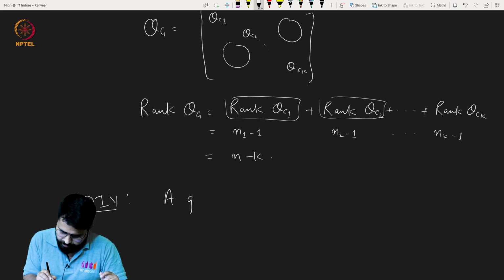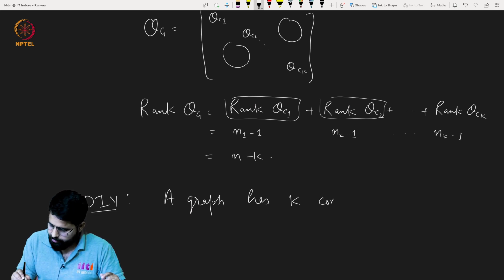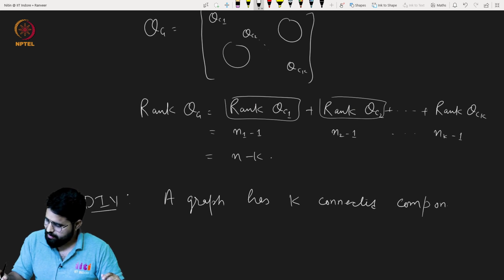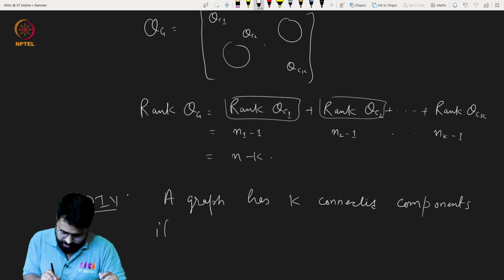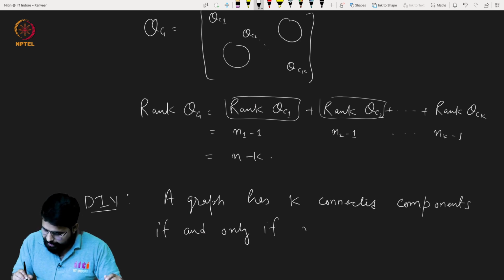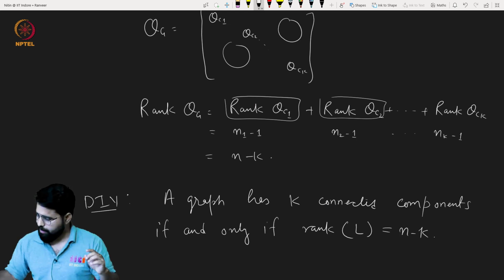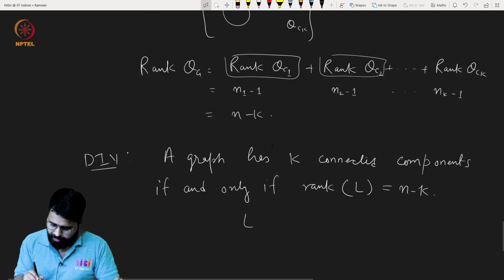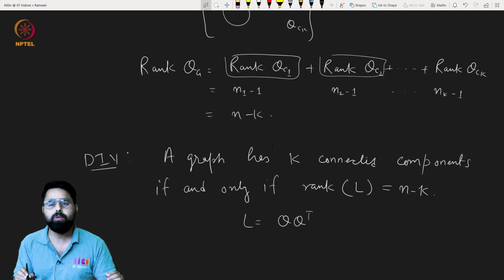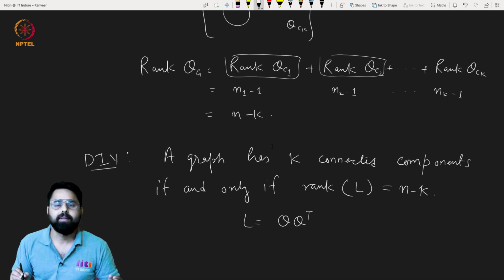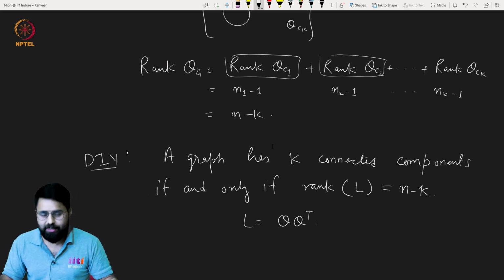A graph has k connected components if and only if the rank of the Laplacian matrix equals n minus k. Very good. This you have to prove. The hint is the obvious one: L you can write as Q times Q transpose and then take properties of rank. Okay. So thank you very much and see you in the next lecture.